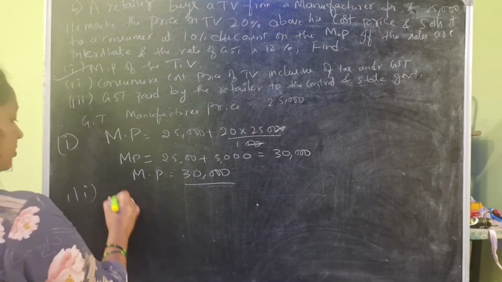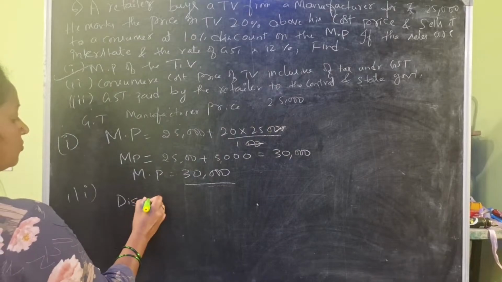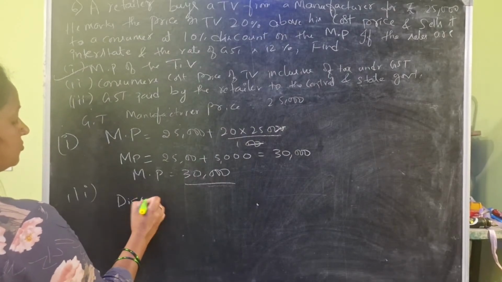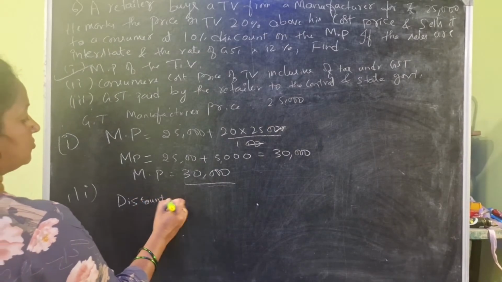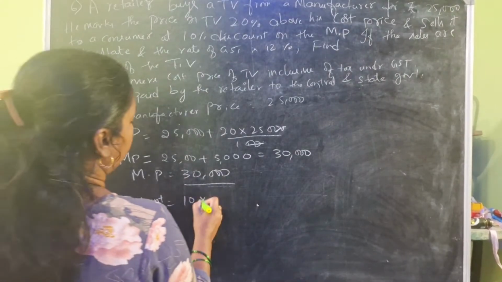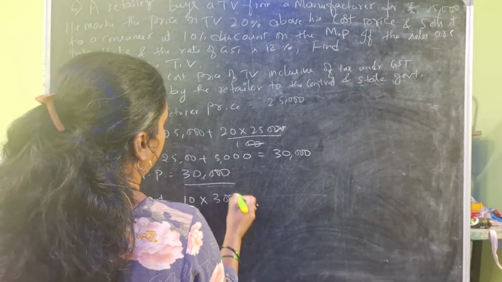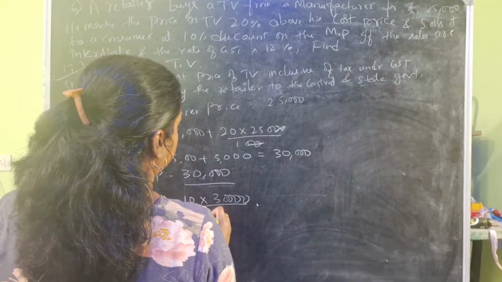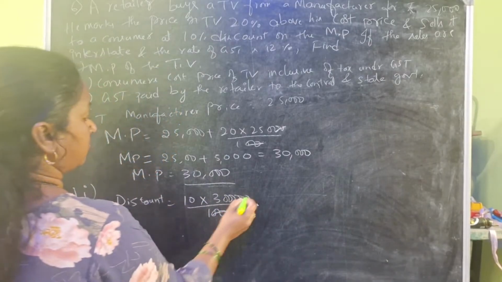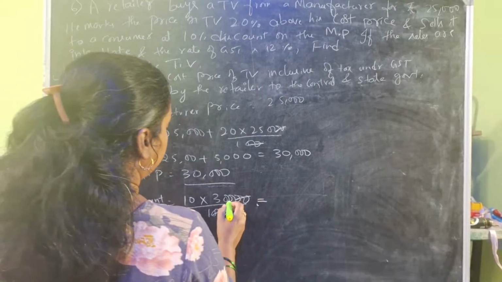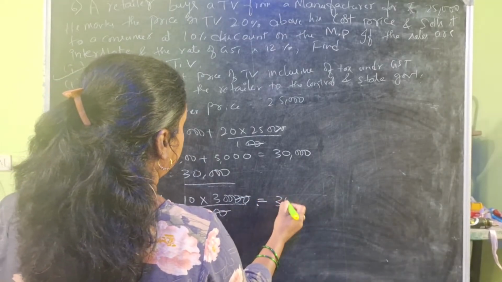So discount is equal to 10% of 30,000, which is equal to 3,000.